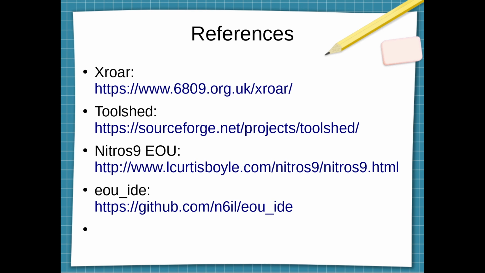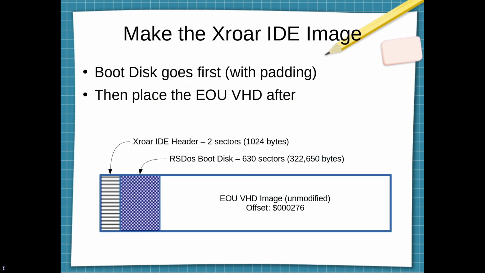That hard drive image is the one we actually load up in XRoar, and HDB-DOS boots from the RS-DOS section. When it transfers over to EOU, it ignores that and just does the EOU stuff. So that's how this hard drive image is put together.